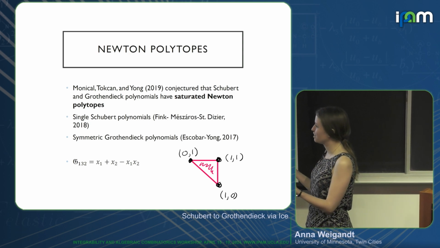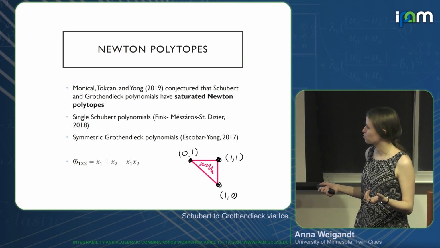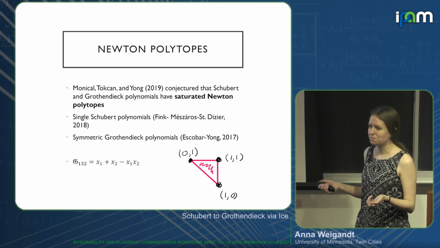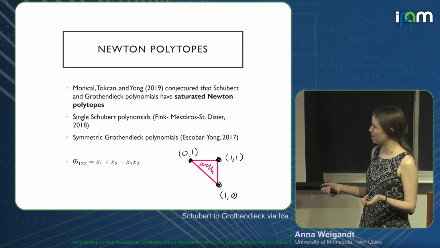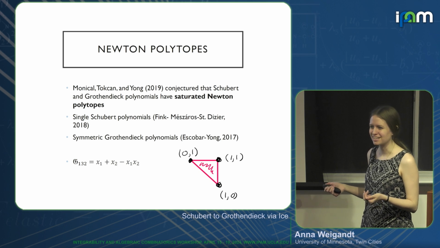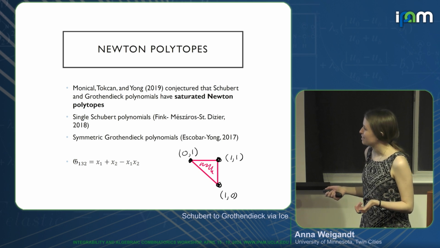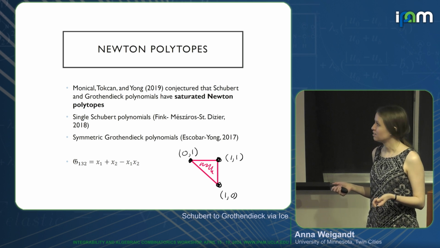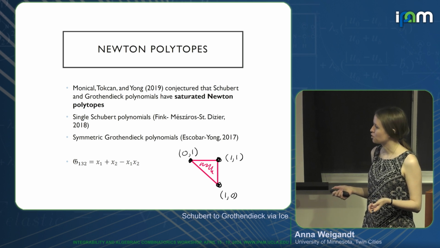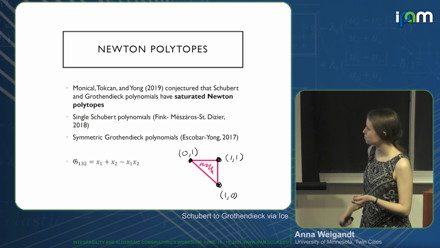And it's saturated if any integer point in this polytope appears as an exponent vector in the support of the polynomial. Here, this example is too small. I just chose it because I could draw it successfully. But this one has no interior integer lattice points. But if it did, for this to be a saturated Newton polytope, it had better appear in here.